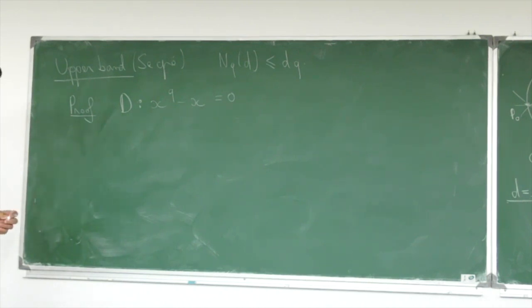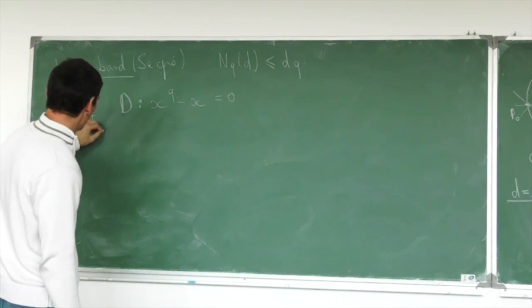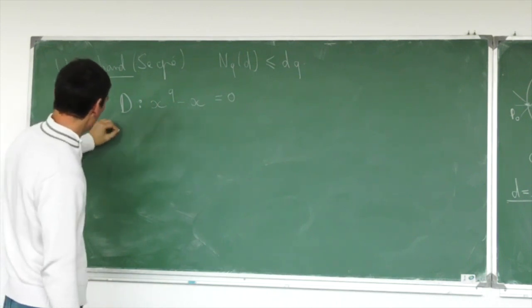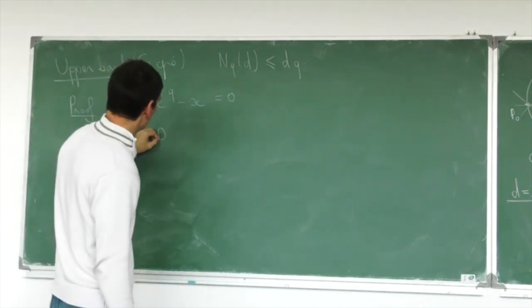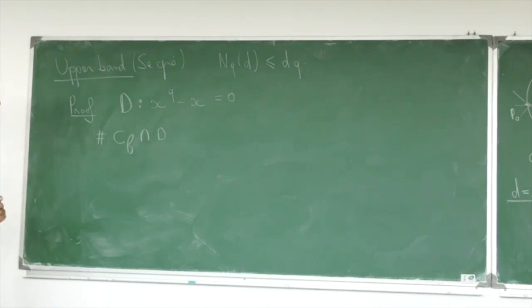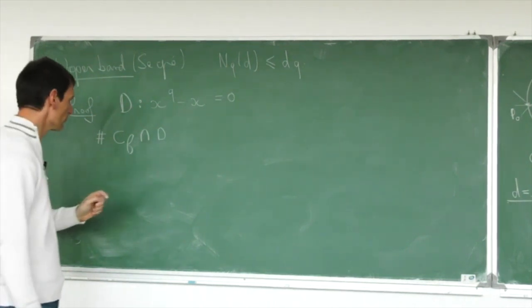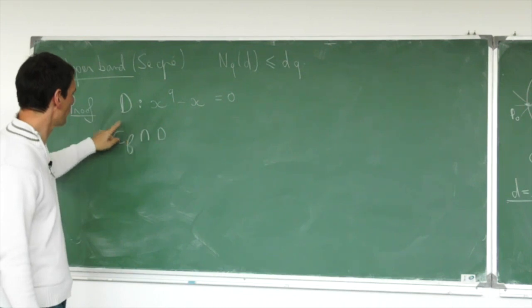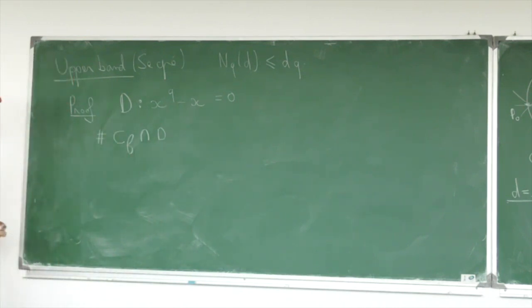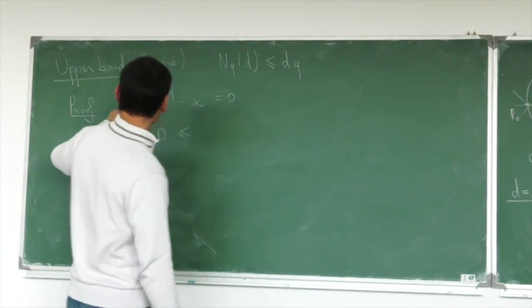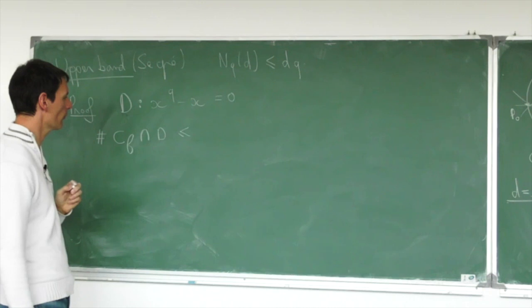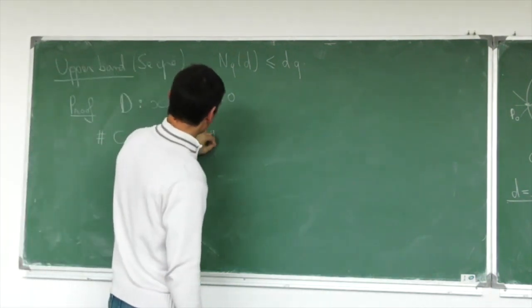Now I can look at the cardinality of the intersection of a curve CF of degree D with the curve D. If the curve CF has no component in common with the curve D, what Bezout's theorem tells you is that this number needs to be smaller than the degree of D times the degree of CF. So it has to be smaller than D times Q.